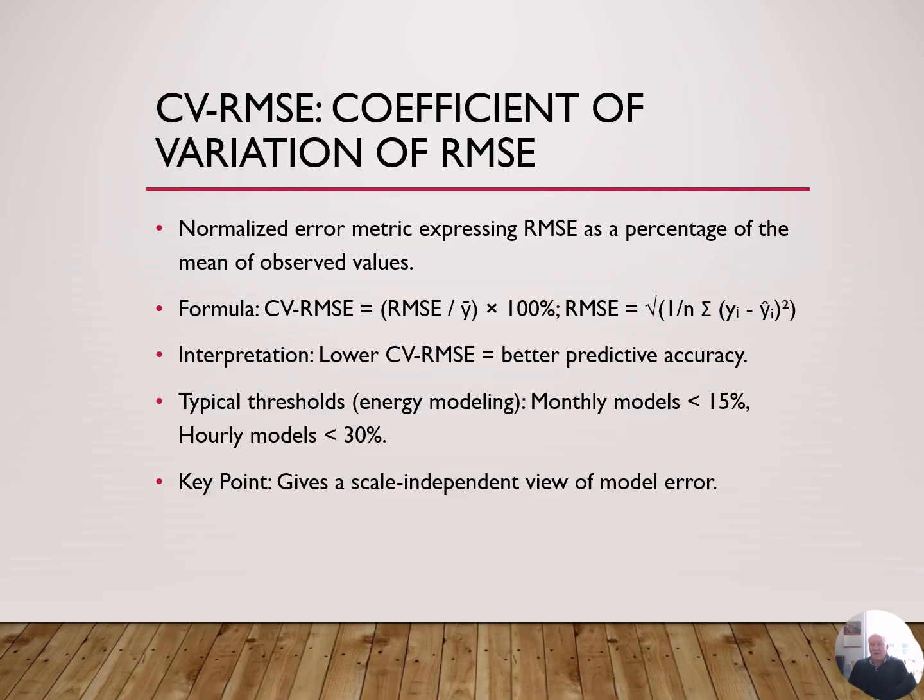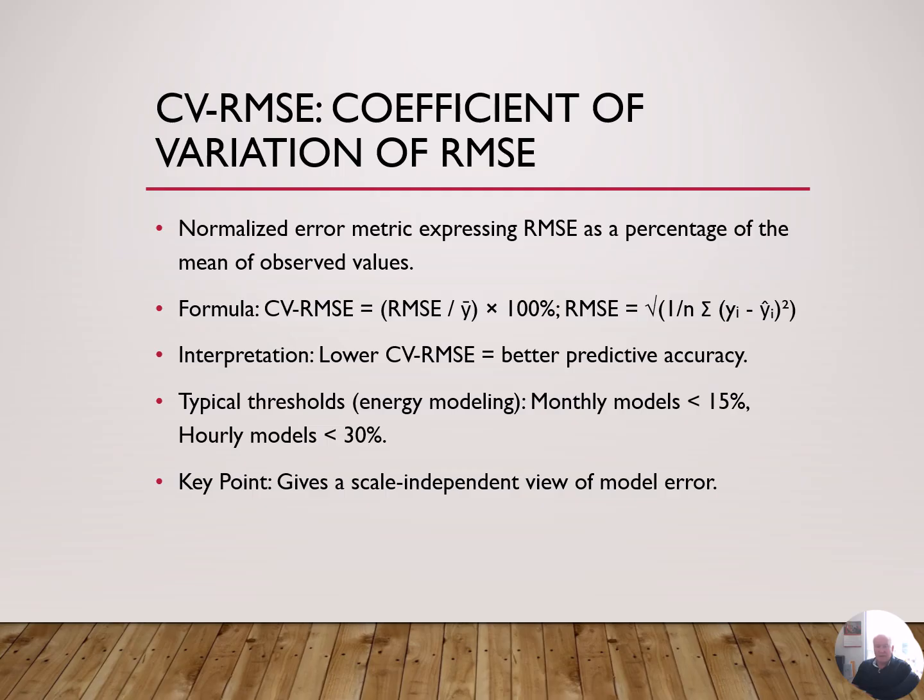We also have the cross-validation RMSE, the coefficient of variation of RMSE, which is a normalized error metric as a percentage of the mean of the observed values. The interpretation is the lower the CV RMSE, the better the predictive accuracy.